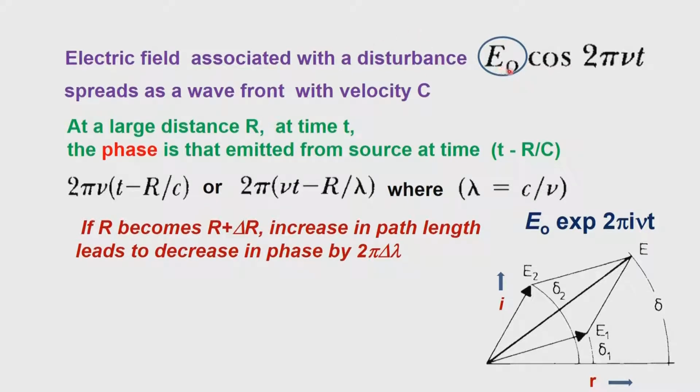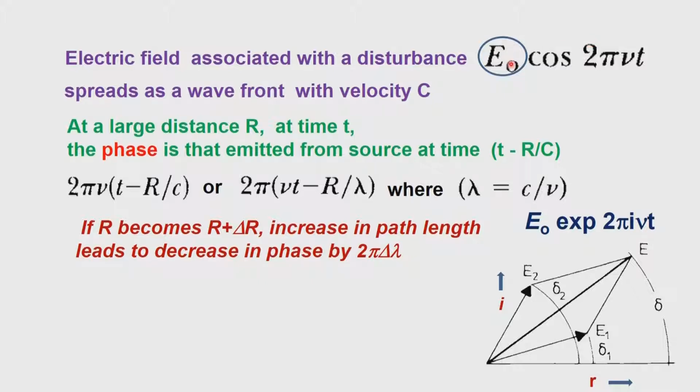If we consider the electric field as E naught cosine 2 pi nu t, this quantity E naught is the amplitude of the wave, and nu t represents the so-called phase associated with the wave. So, the entire wave is described in terms of the amplitude and the phase.